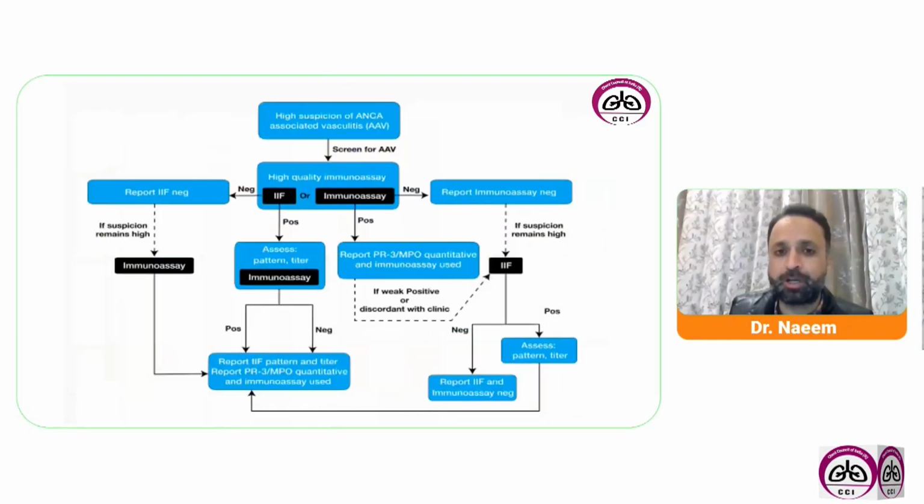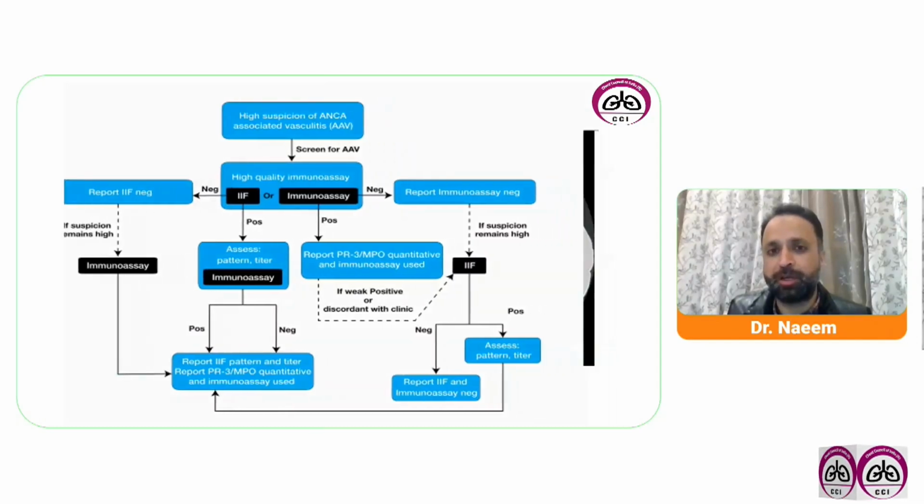This is a flowchart diagram which helps us in figuring out and aiding the diagnostic pathway in association with immunofluorescence assay and ELISA testing, to see the positivity and negativity in various small vessel vasculitis.